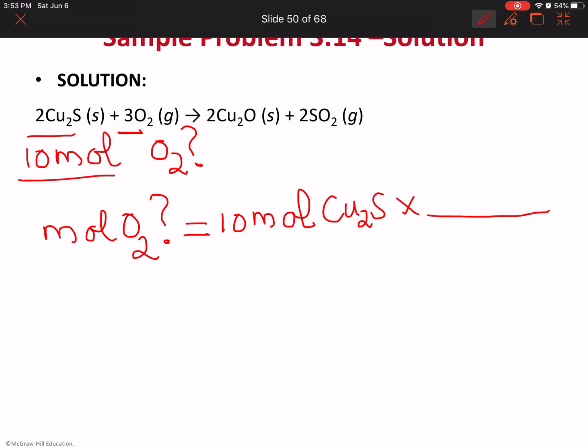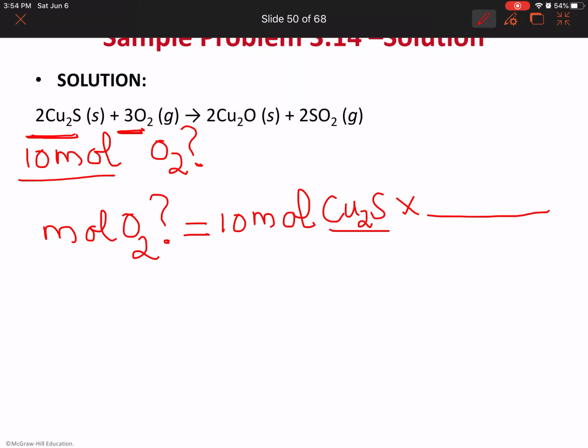Then you use the molar ratio between copper sulfide and oxygen, because these 2 are the ones that we are interested in. At this point, we're not going to worry about the copper oxide or the sulfur dioxide. Since we started with copper sulfide, it needs to cancel with the copper sulfide moles.